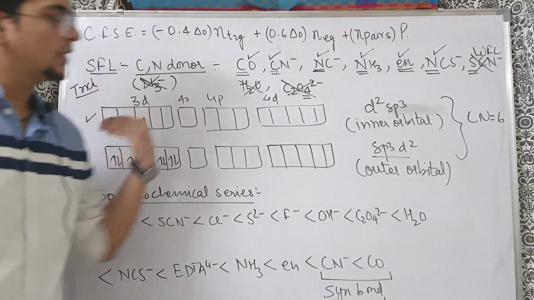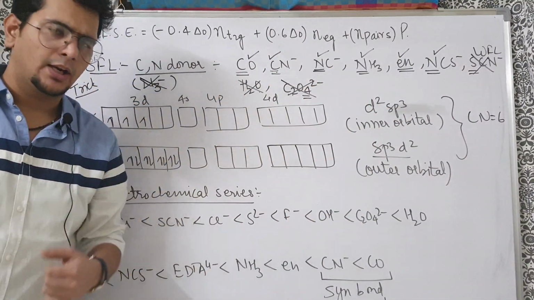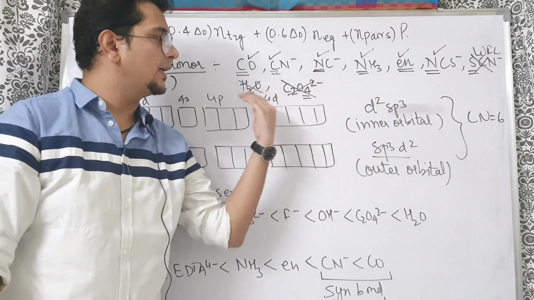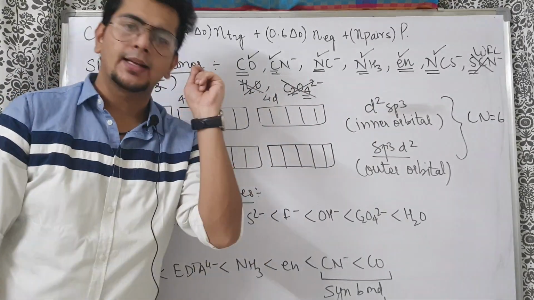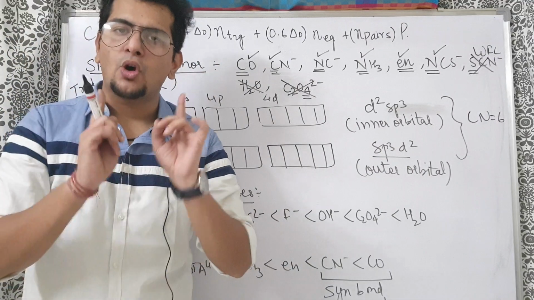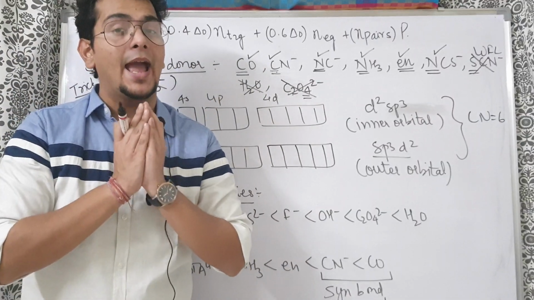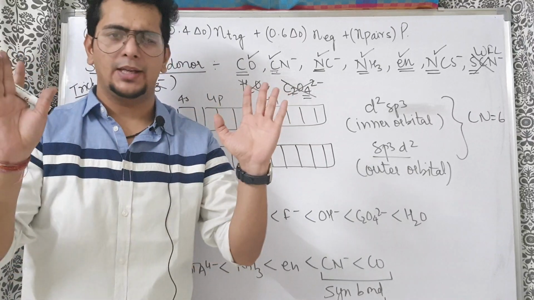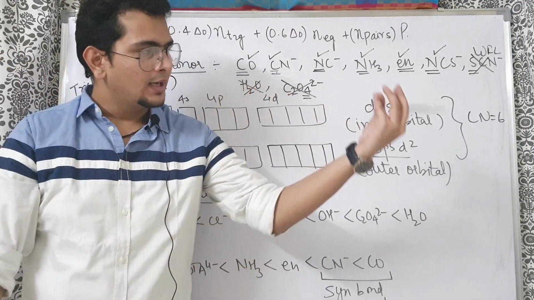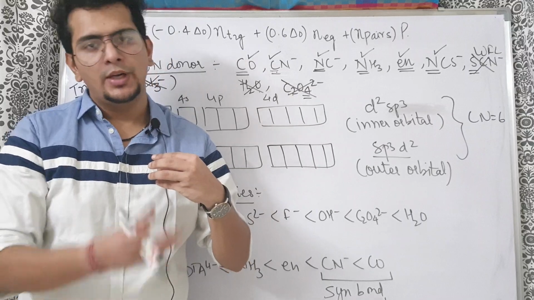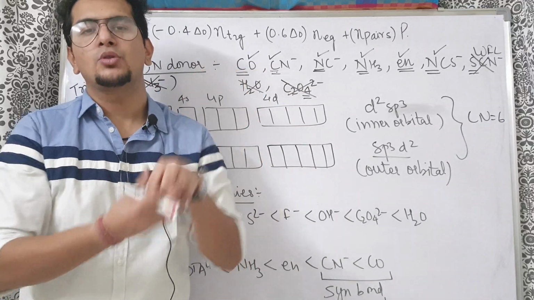When we are using the outer orbital d, it is called an outer orbital complex. When we are using the inner orbital d in the hybridization, it is an inner orbital complex. Understand, for complex compounds, for the hybridization we need completely empty orbitals, because the ligand will give the lone pair, so you need completely empty orbitals to keep those lone pairs.